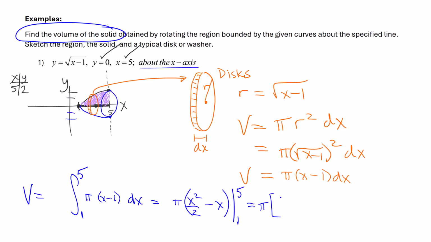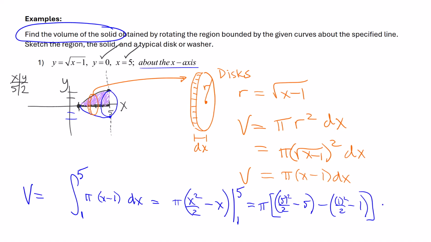That will be 5 squared over 2 minus 5. There's the upper bound 5 plugged into our antiderivative function. And then we're going to subtract from that the lower bound plugged in the same way, the lower bound, of course, being 1. So this will be 1 squared over 2 minus 1. And then, of course, all of that is in brackets.